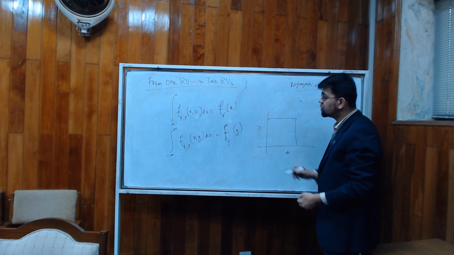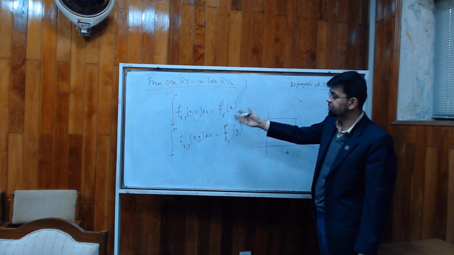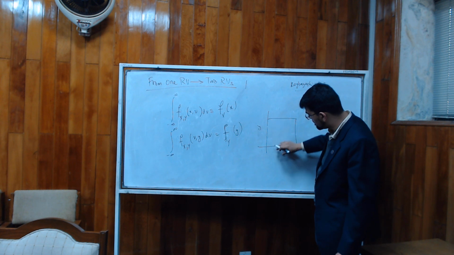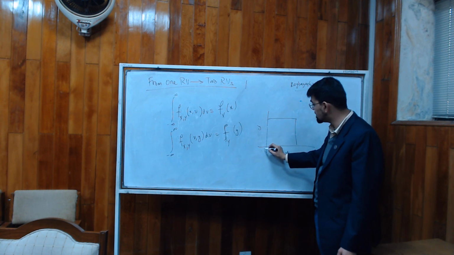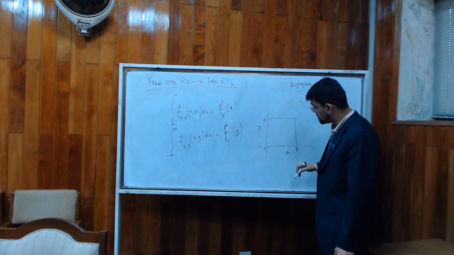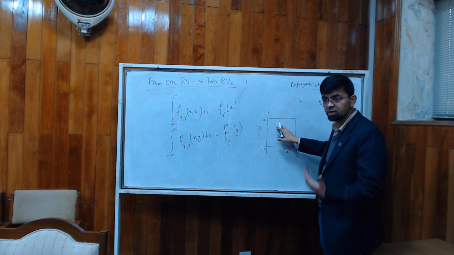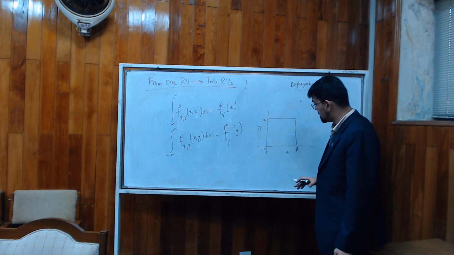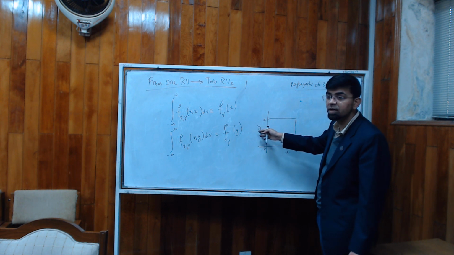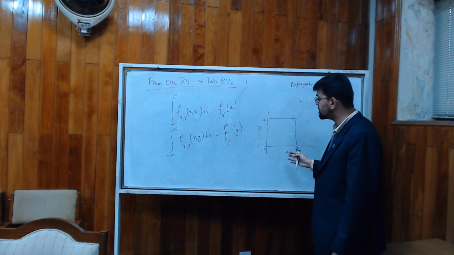Now when you are integrating over the whole range of y, in this case from 0 to alpha, and x from 0 to beta, the total integration has to be 1, which is the total volume under it. But when you integrate over the whole range of y, what volume are you picking up from here?